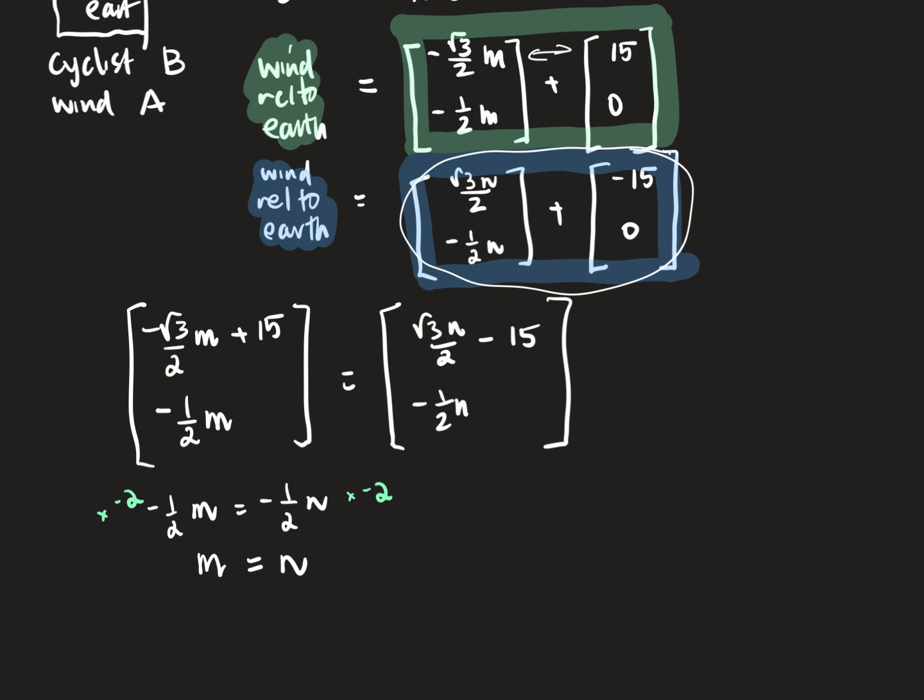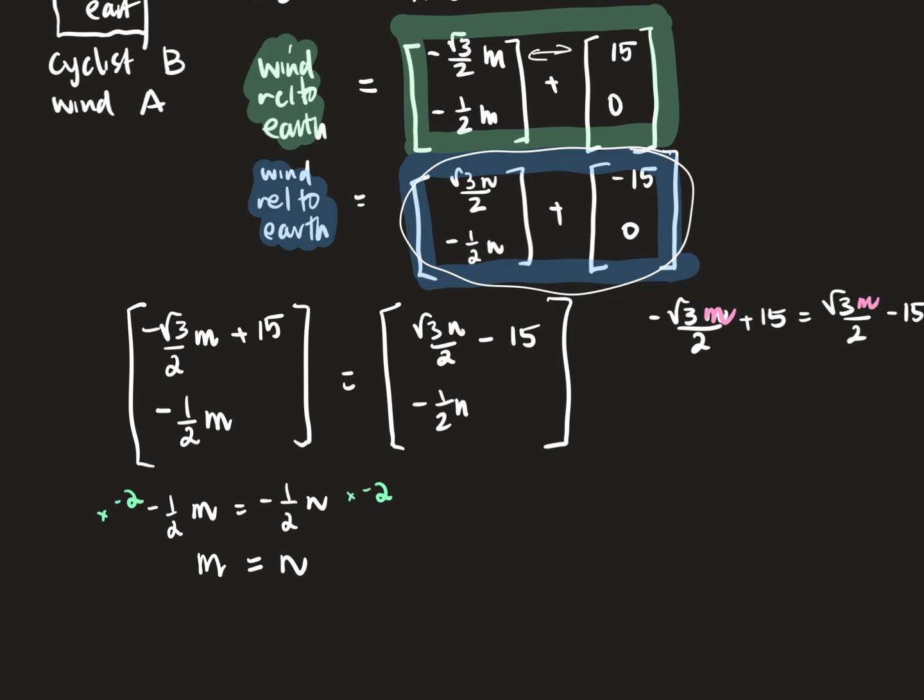Now, I can use that fact when I'm equating my i values. I've got negative root 3m over 2 plus 15 is negative root 3n over 2 minus 15. Now, I know that n is equal to m, so I'm just going to change that one there straight away to m. So it's the same on both.